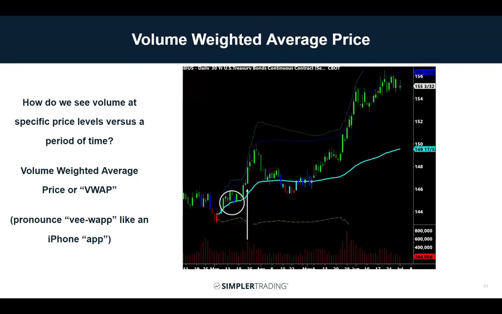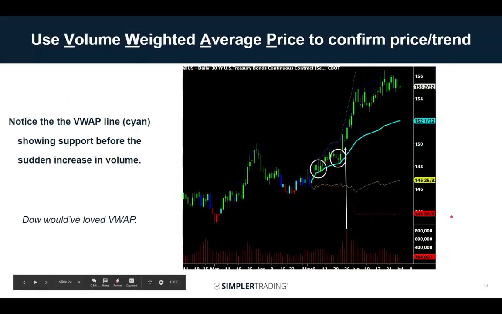So this is like a volume moving average rather than a price moving average, which would have been something Charles Dow could have done manually. Now we're putting volume into it so we know exactly what type of impact a specific price level was affected by using volume. The VWAP is used to confirm price and trend, not just volume bars anymore, gang.